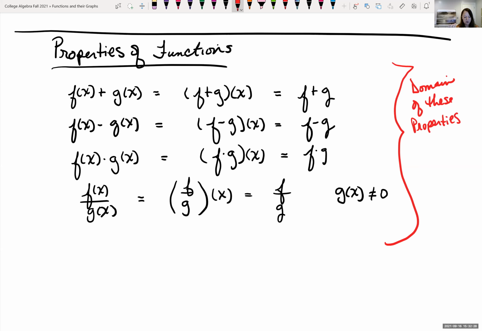So the domain of these properties is equal to, another way to say this is the intersection, what they have in common, is equal to the intersection of the sets of the domains.